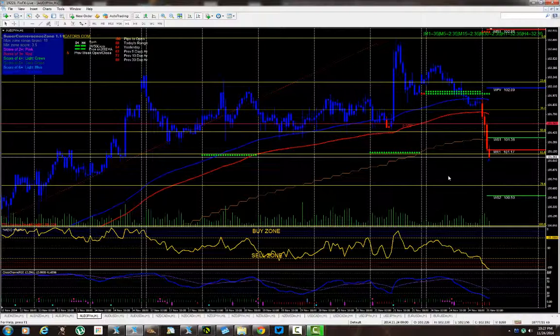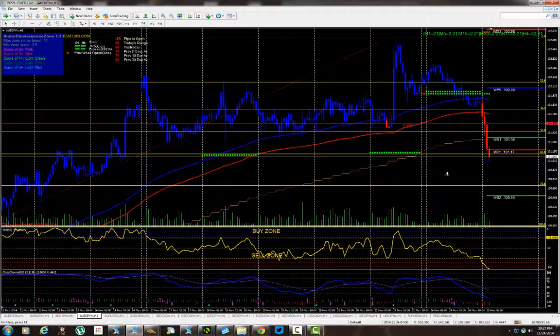So again, we're in the process of pulling back on the JPY pairs, it looks like, and we could see a pretty big move down on those pairs.